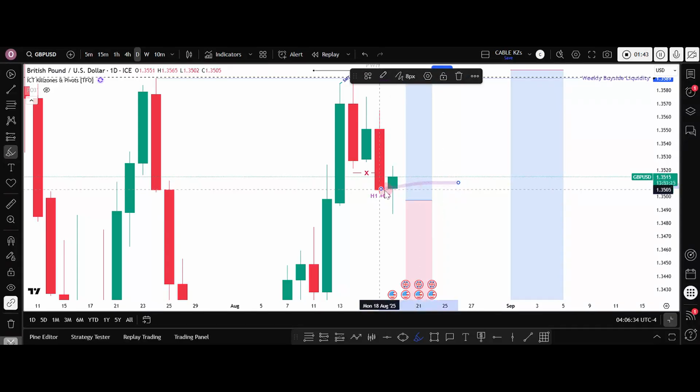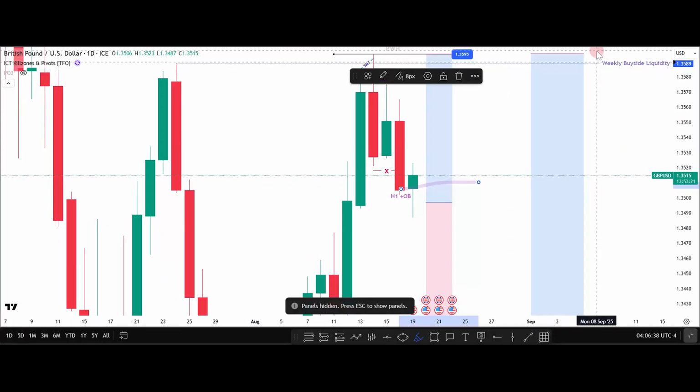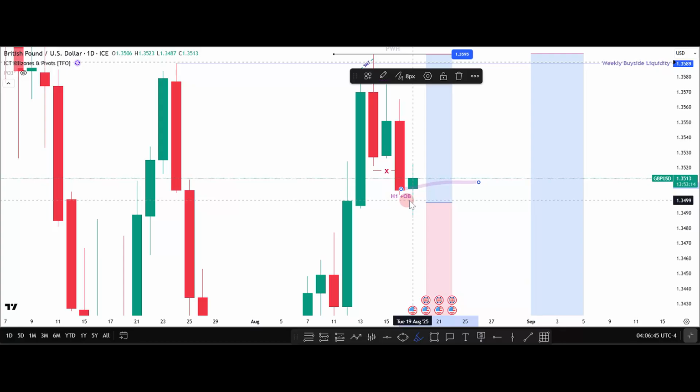You can see the open. Price opened today at 135.06.